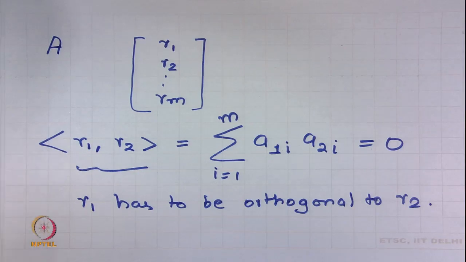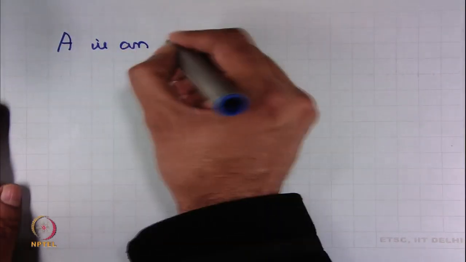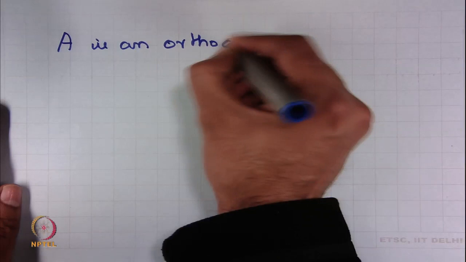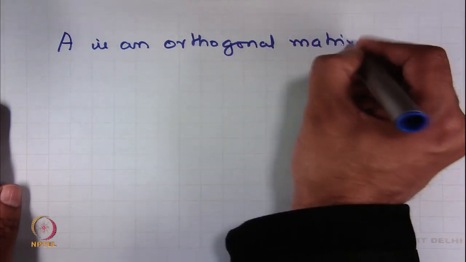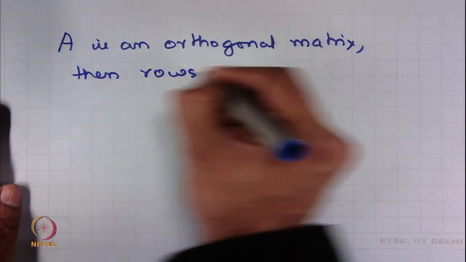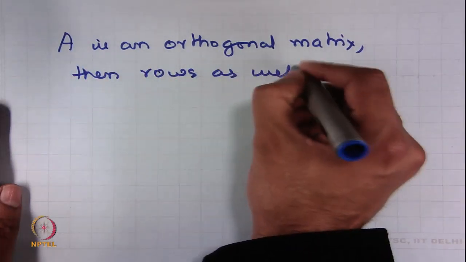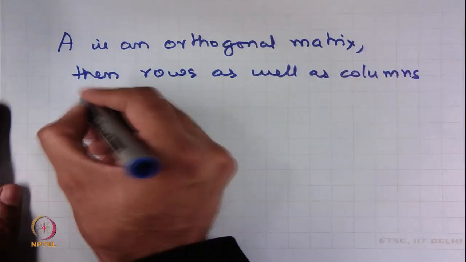And you know that if A is an orthogonal matrix, then rows as well as columns are orthogonal to each other.